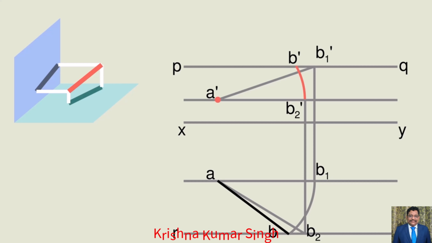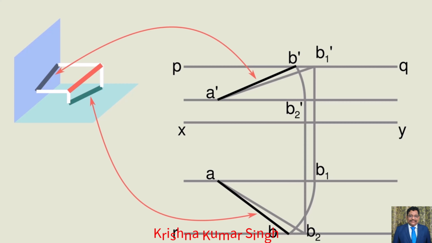Then taking the compass, fixing it at length of A'B2', draw an arc from B2' until it touches the locus line of B' and name it as B'. Join point A' and point B'. This is nothing but the original and final projection made on VP.